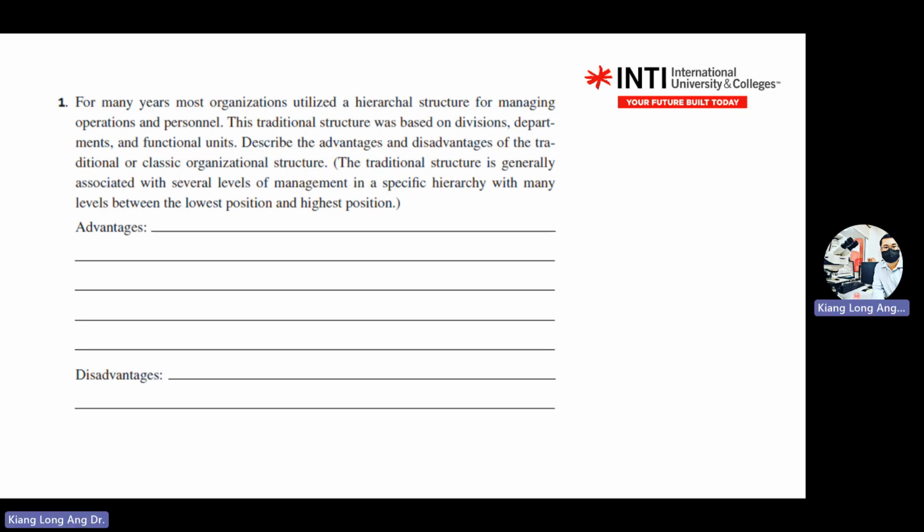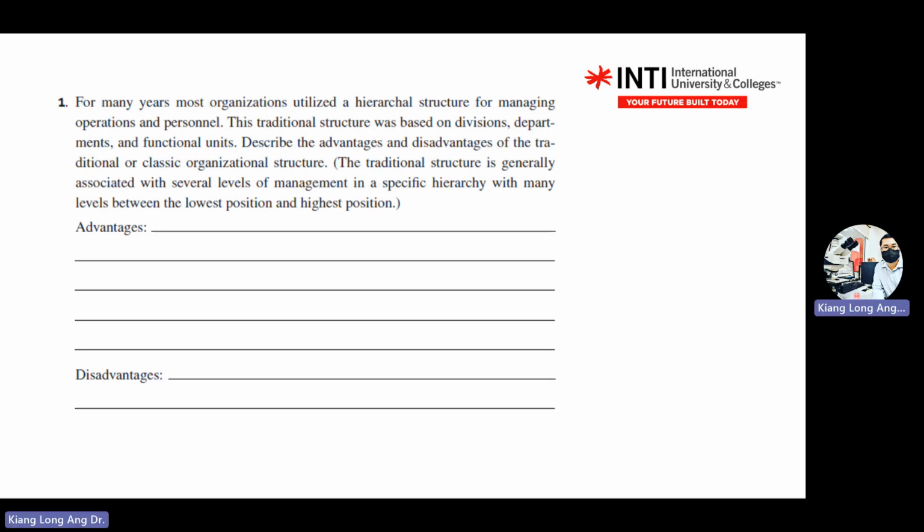So just now: number one, the influence of the strongest functional group might influence the decision. Number two, coordination is difficult. Number three, there's no specific responsibility for a project. What about responding to customers?